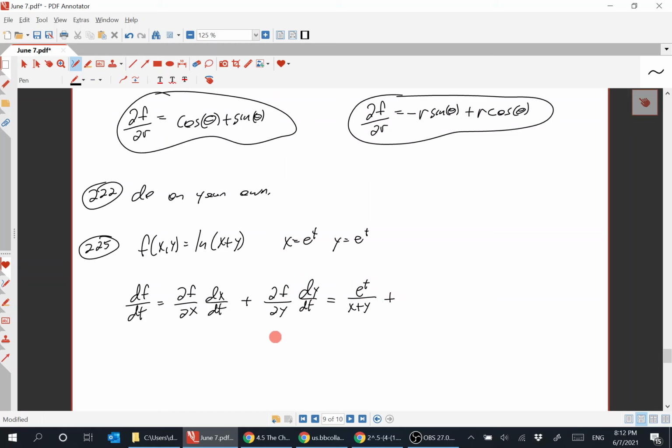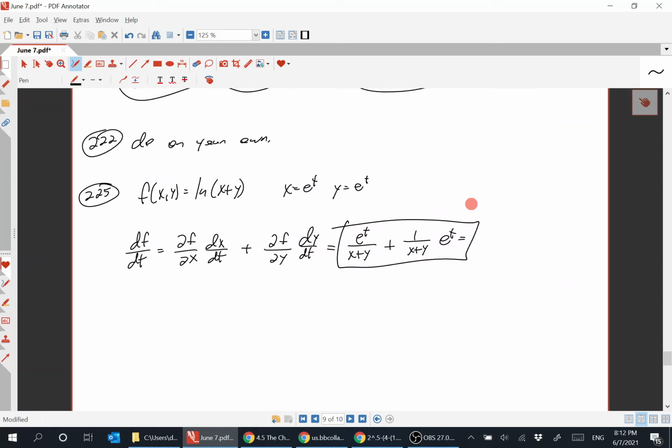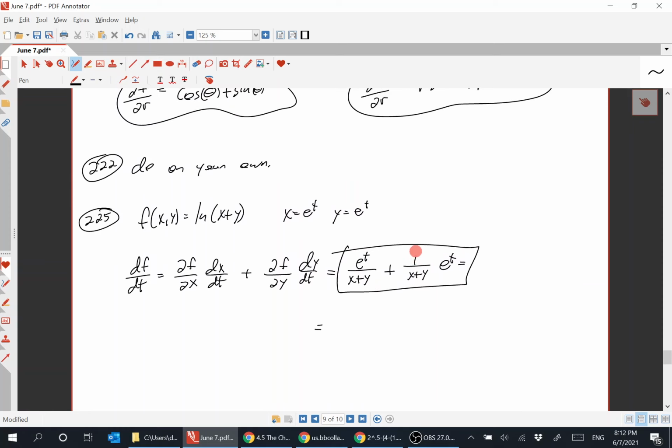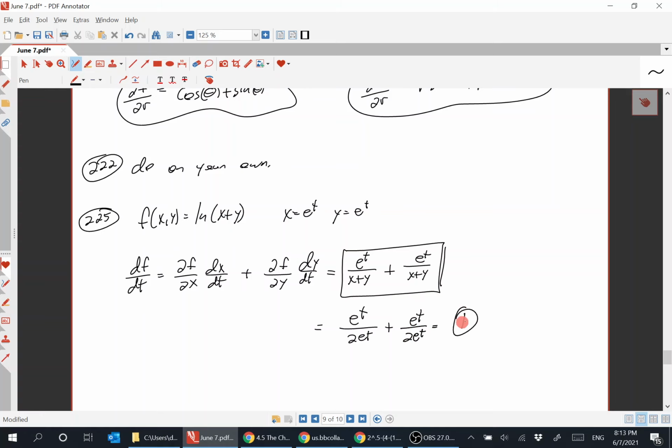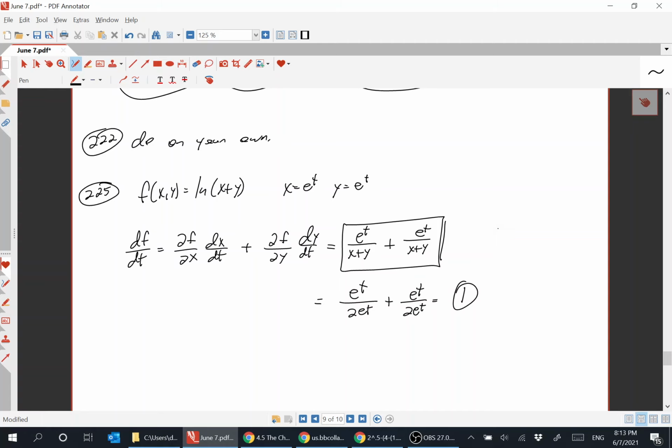Plus df dy, same thing, is just 1 over x plus y, and then dy dt is e to the t. Right, so that's in terms of x, y, and t, but x plus y is just 2 e to the t. So in terms of t, this is e to the t over 2 e to the t, plus e to the t over 2 e to the t. So this is just 1. The e to the t's cancel, and it's just a half plus a half, which is 1.